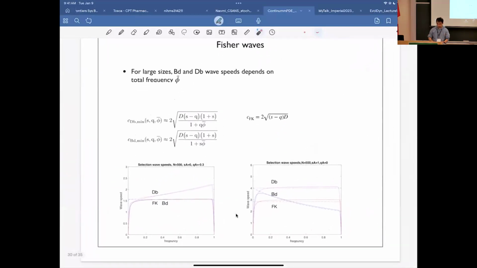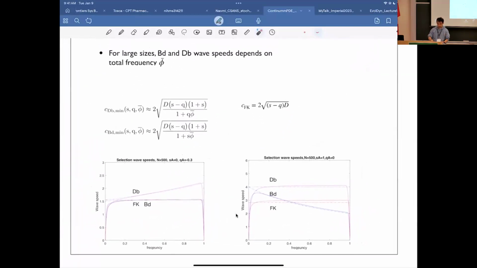So one can extend some heuristic argument and work out the Fischer wave speed for death birth and birth death. It has the two fitness coefficient terms, birth minus death, and it also has the overall average frequency of the mutant over the whole population, assuming the sizes are extremely large.